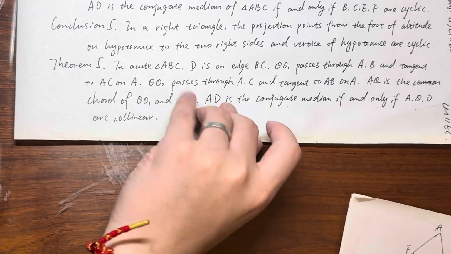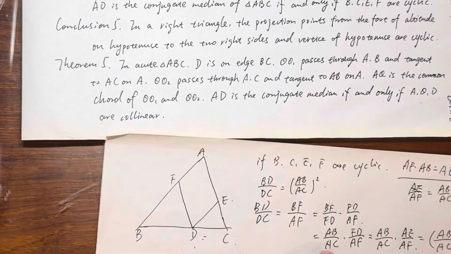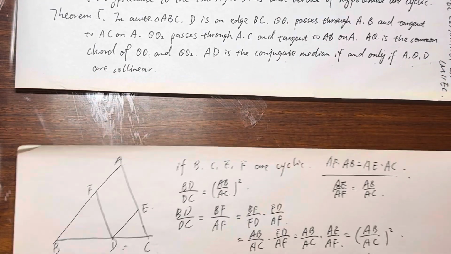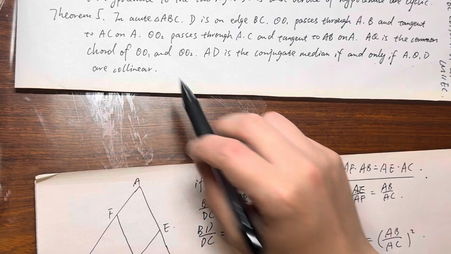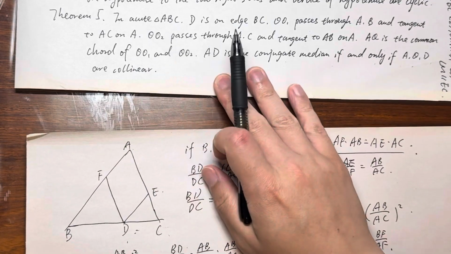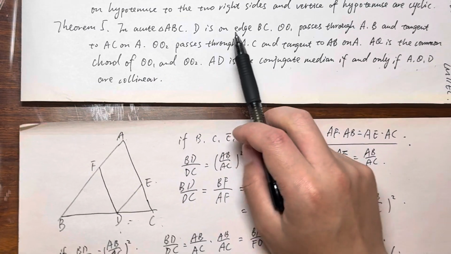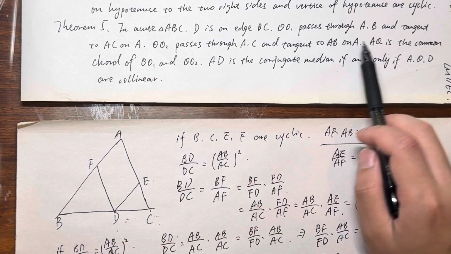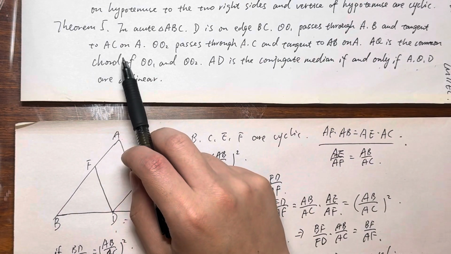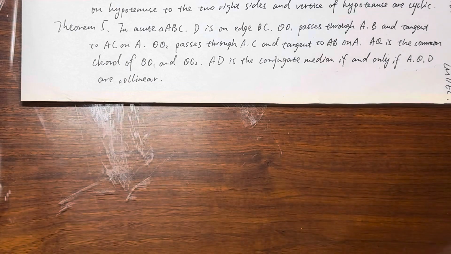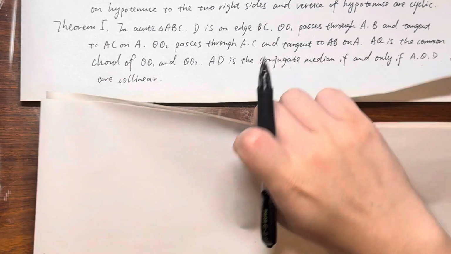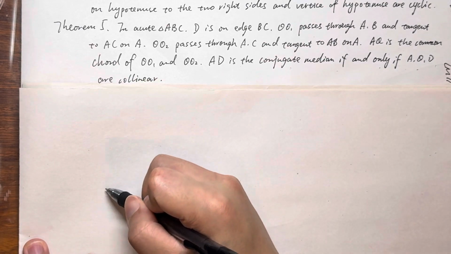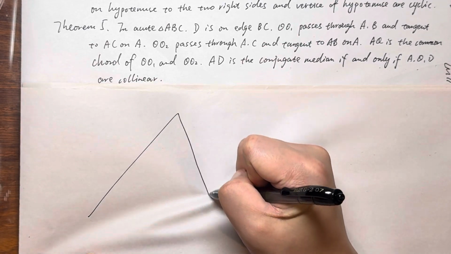Okay, let's learn about theorem 5. In acute triangle ABC, D is on edge BC, circle O1 passes through A, B and is tangent to AC at A. So this is saying that we find the acute triangle first.